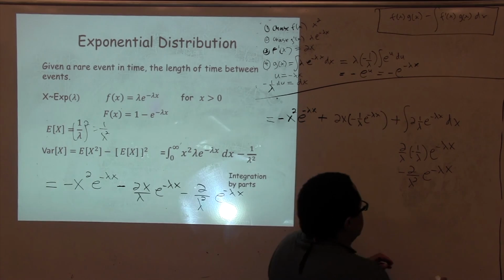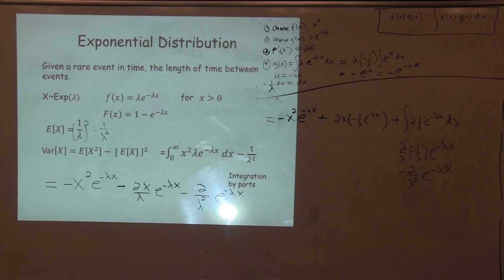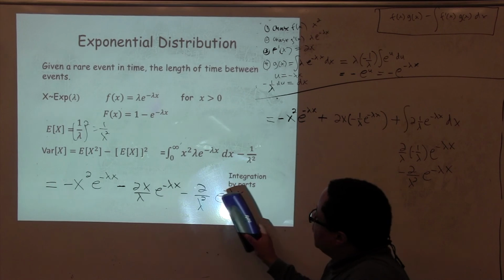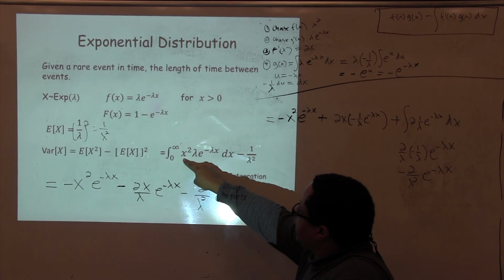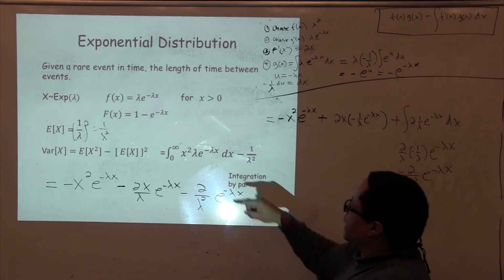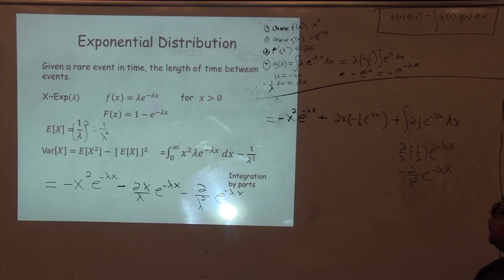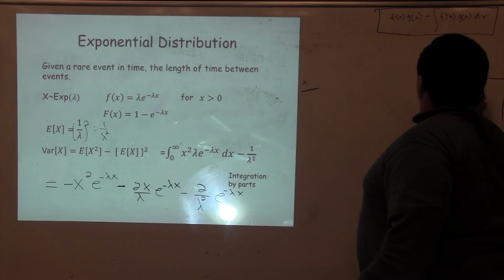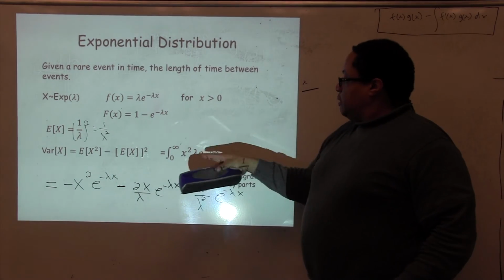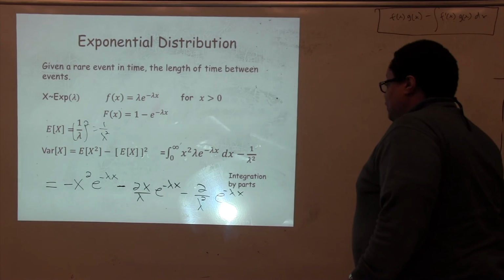Okay, so we take this expression, and this expression is the indefinite integral of the integral from 0 to infinity of x squared lambda e to the minus lambda x dx. But we're not done, because remember, the fundamental theorem of calculus says that in order to evaluate the definite integral between the boundaries 0 and infinity, the lower bound and upper bound, we have to subtract.